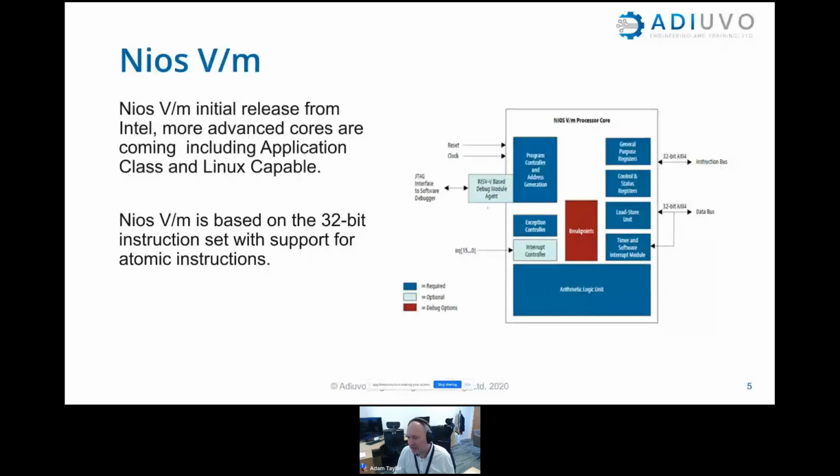This one we're going to look at, the Nios 5M, has the standard program controller and address generation, the exception controller, the registers, and the ALU. So it's a very low level, very stripped down, very small processor intended for small applications, bare metal applications, and small OS applications that are using Micrium OS 2.